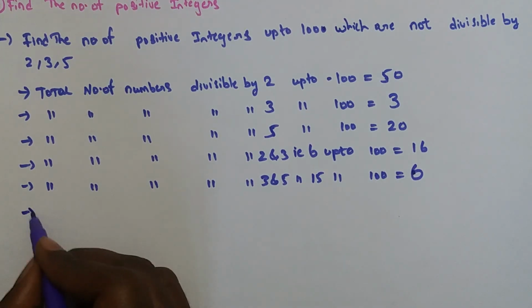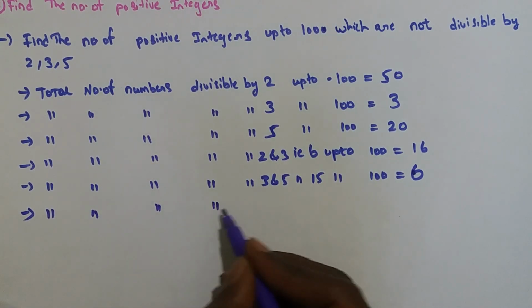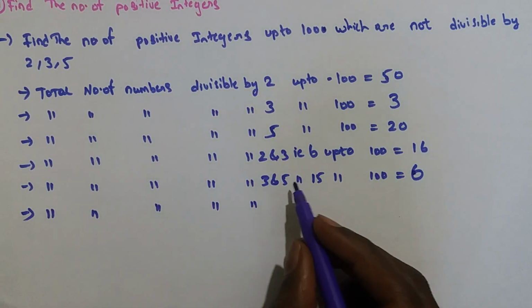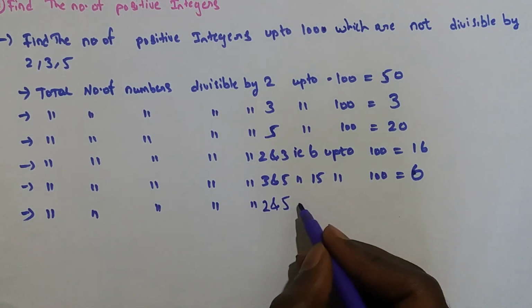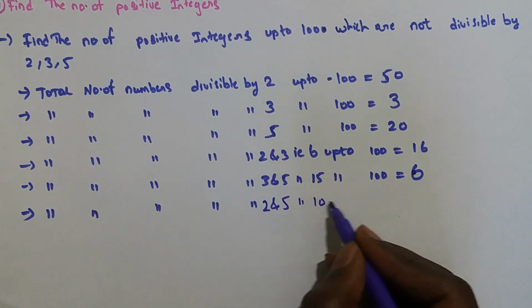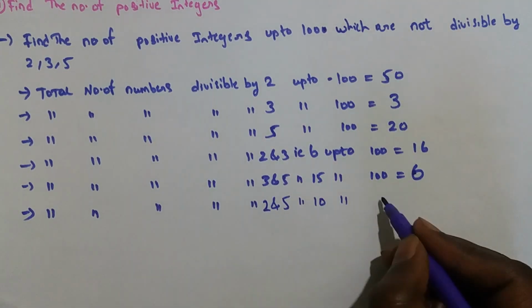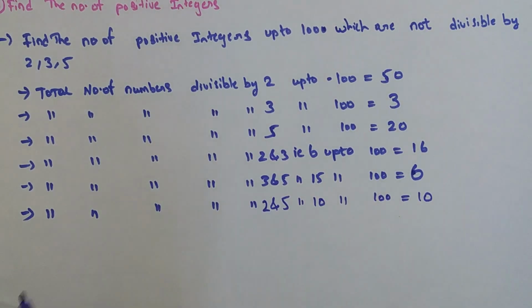Next, another one. Total number of numbers divisible by 2 and 5, that is 10, up to 100 is equal to 10.